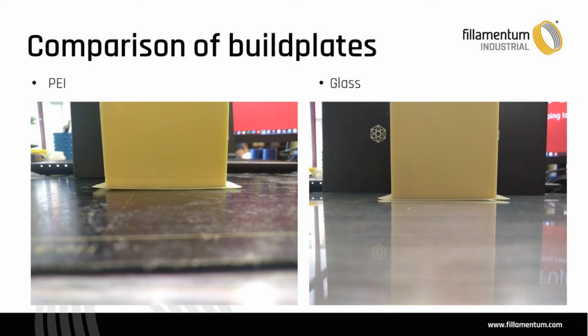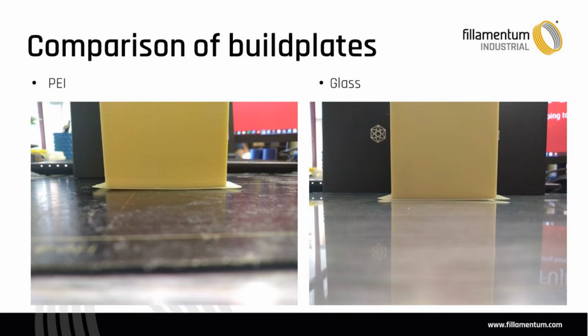As you can clearly see, there is a big difference between those. On the left side with PEI, the warping effect is more visible. So we recommend glass for printing nylons.